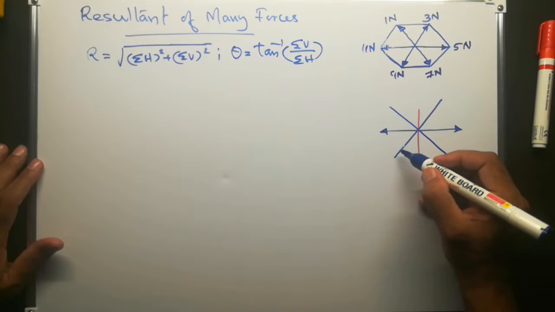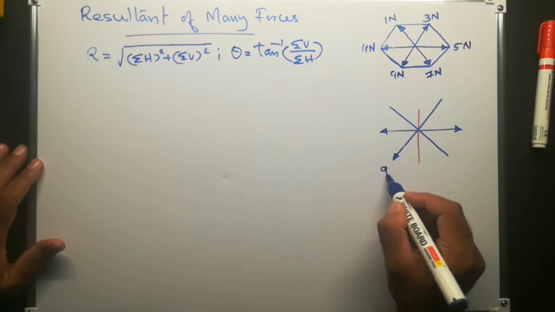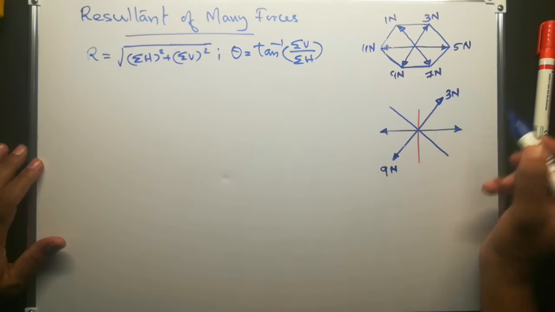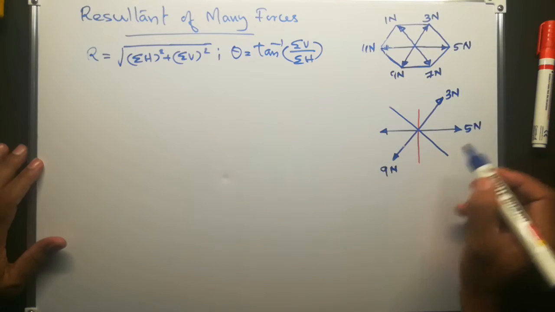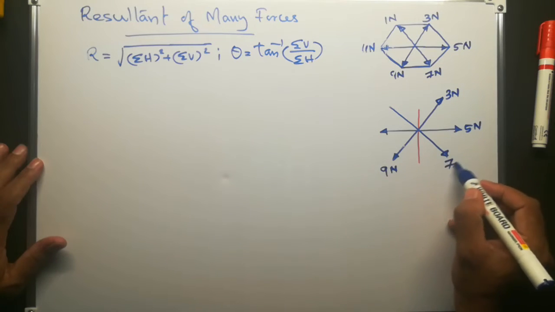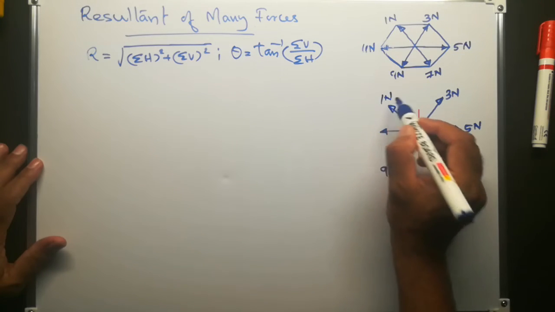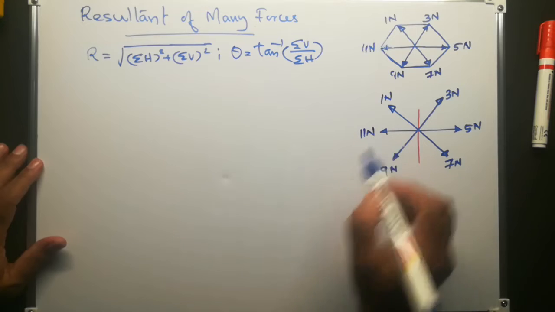These are the other forces. This is 9 Newton, this is 3 Newton, this is 5 Newton, this is 7 Newton, this is 1 Newton, and this one is 11 Newton.